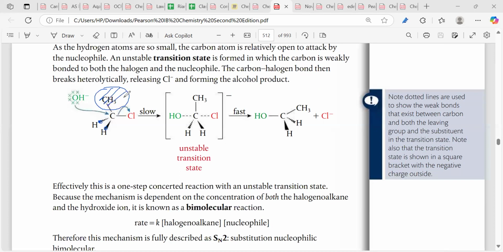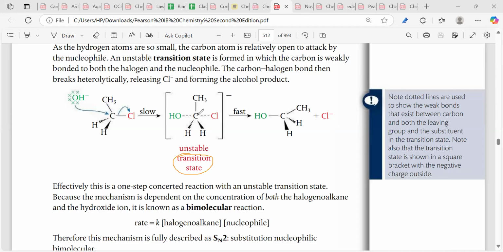In an SN2 reaction, you'll see there's a vacant space over here. The OH group will be attacking from the opposite direction easily, because there's a vacant space. The C-Cl bond breaks heterolytically, and an SN2 reaction passes through an unstable transition state, right?